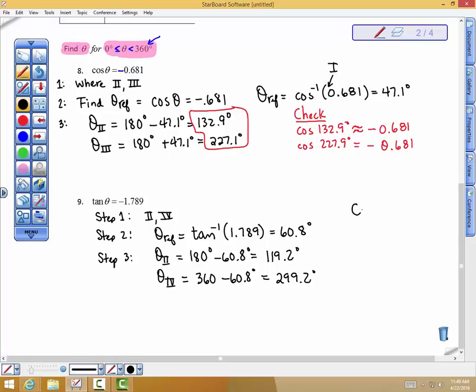And finally, would you check and see, we're doing this with tangent in mind, so see if the tangent of 119.2 and the tangent of 299.2 both turn out to be a negative 1.789.